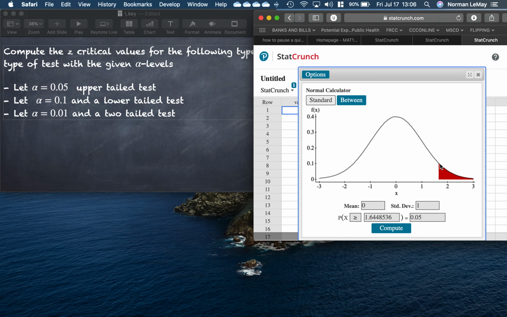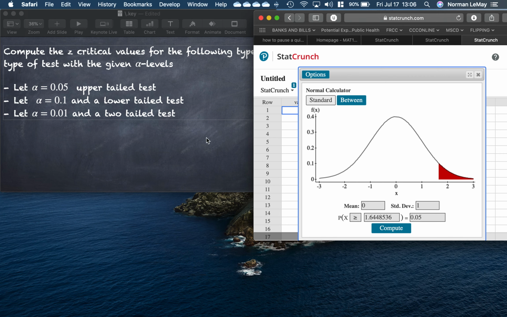We draw the line in the sand, and that is 1.645. If your test statistic is greater than 1.645, then your test statistic falls in the rejection region. If your test statistic is smaller, then it falls over here in the non-rejection region.